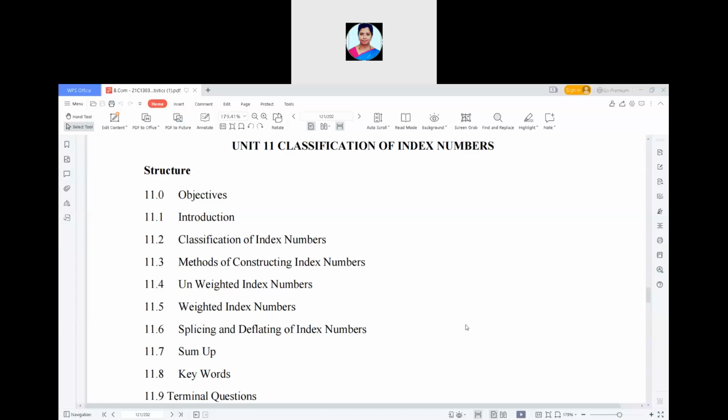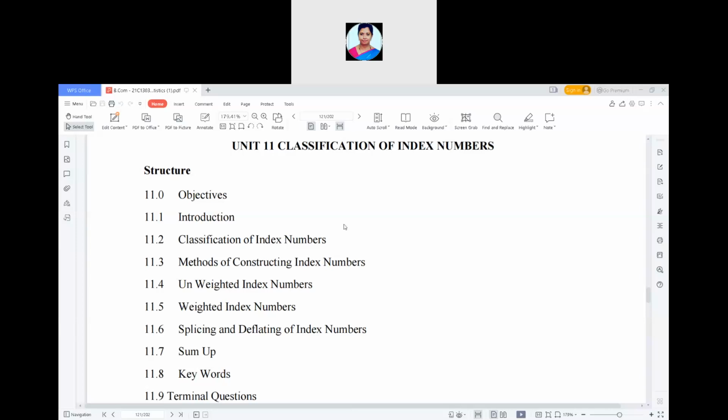In block 4, now we are going to see unit number 11. In unit number 11, we have the structures. So let us see the objectives, introduction, and the classifications of index numbers and methods of constructing the index numbers. Under that, we have the unweighted index number and the weighted index number. And in 11.6 we will see splicing and inflation index number.